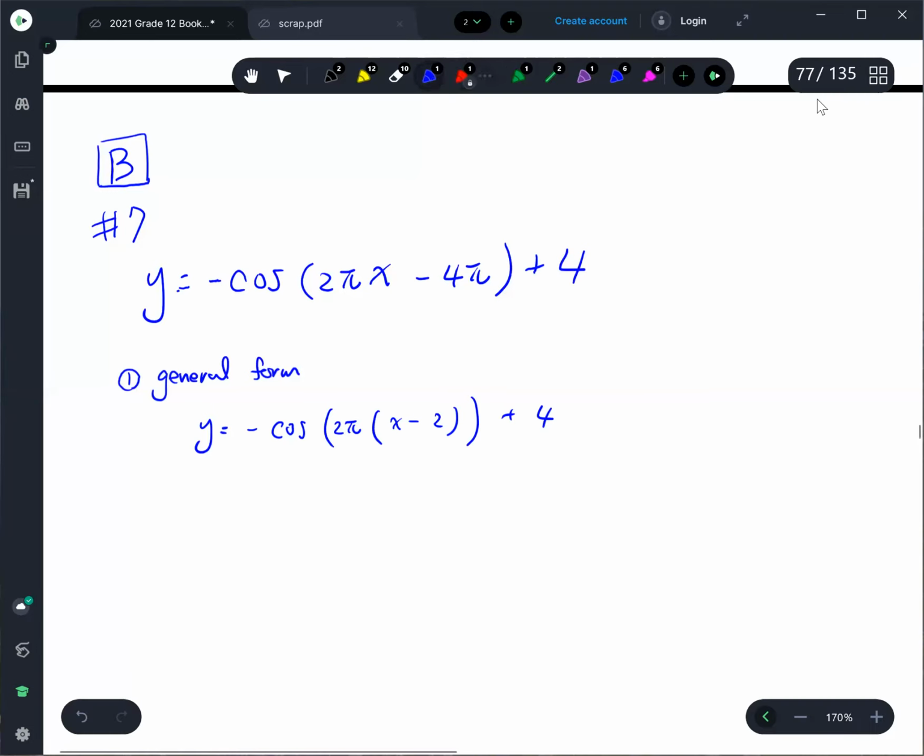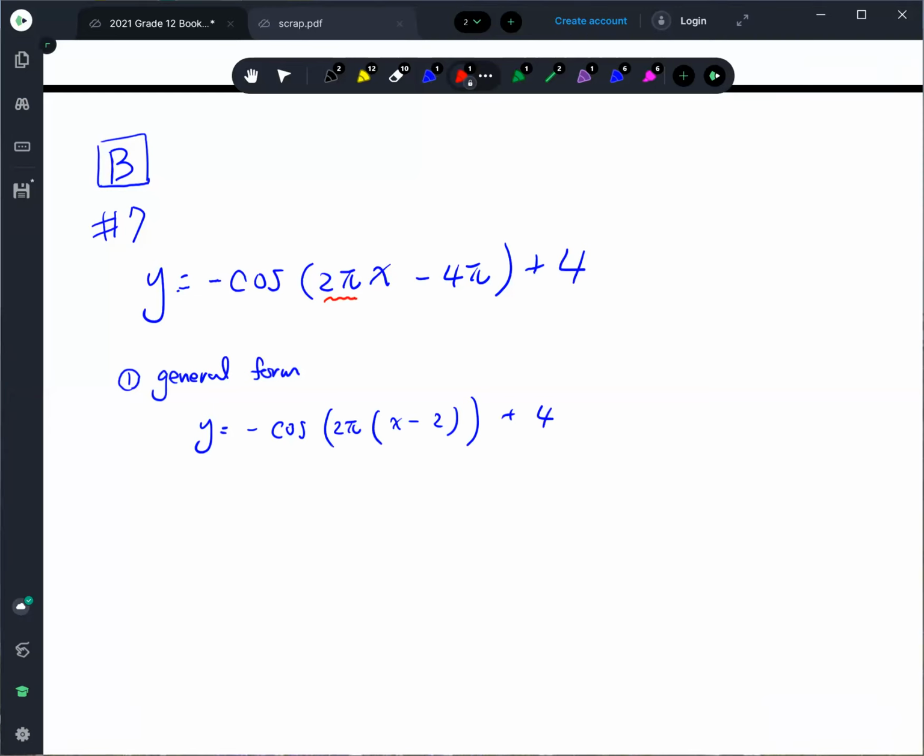Because you cannot have a number in front of the x. If there is anything like that, you take it out. Okay, so once we get here, we can list out our ABCD, okay?